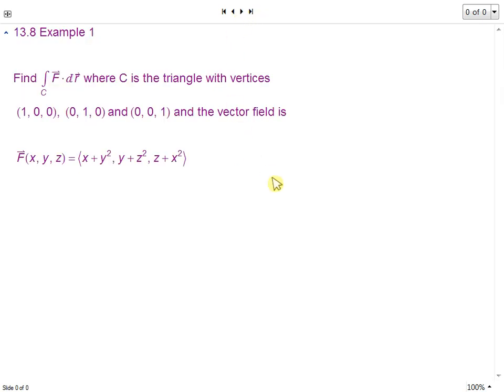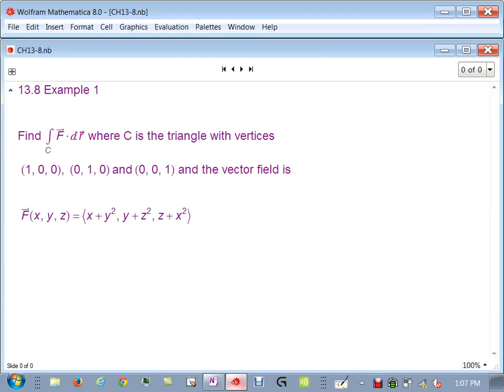So here's our first example. This is in your notes, right? I don't need to rewrite this problem. So let's go after this.